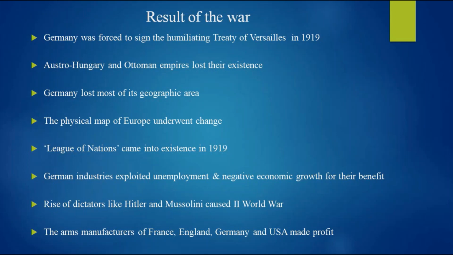And 2 crore became injured. And 35 lakh became permanently disabled. So this war caused huge death and suffering on a large scale. So this is the result of the First World War.